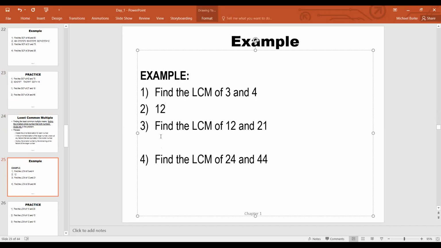12 and 21. If we look at 12 and 21, the prime factorization of 12 is 2 times 2 times 3, and of 21 is 3 times 7.